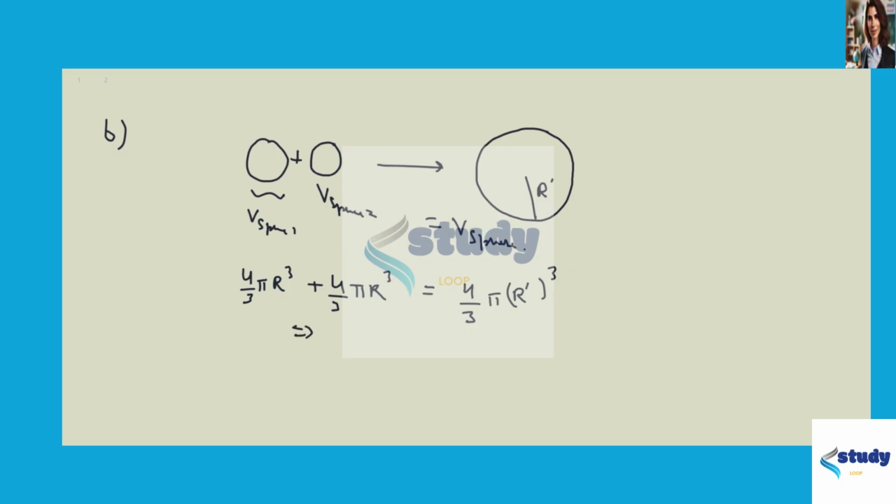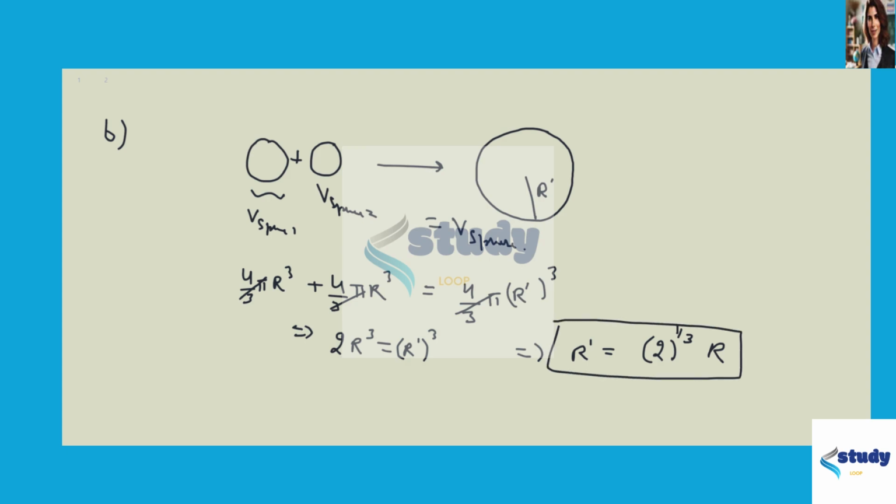So the 4 by 3 pi goes away. So this gives us 2 r cube equals r prime cube. So this gives us r prime equals 2 power 1 over 3 times r. So that's your new radius.